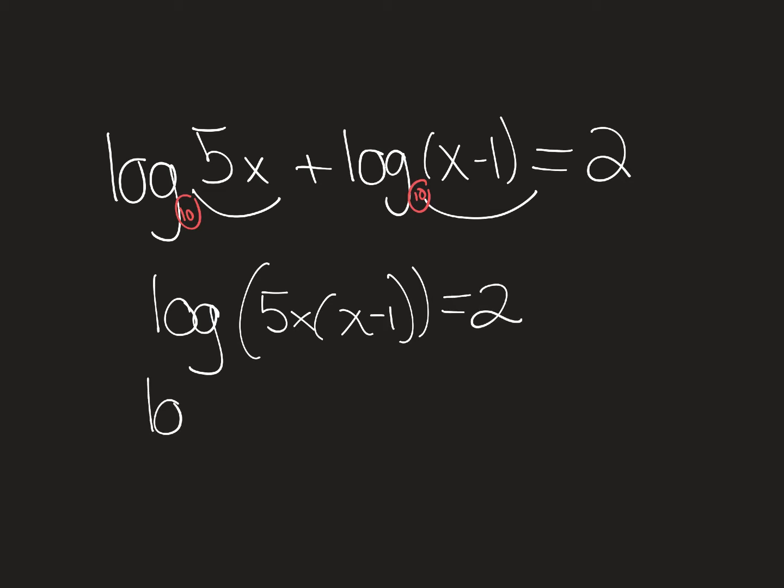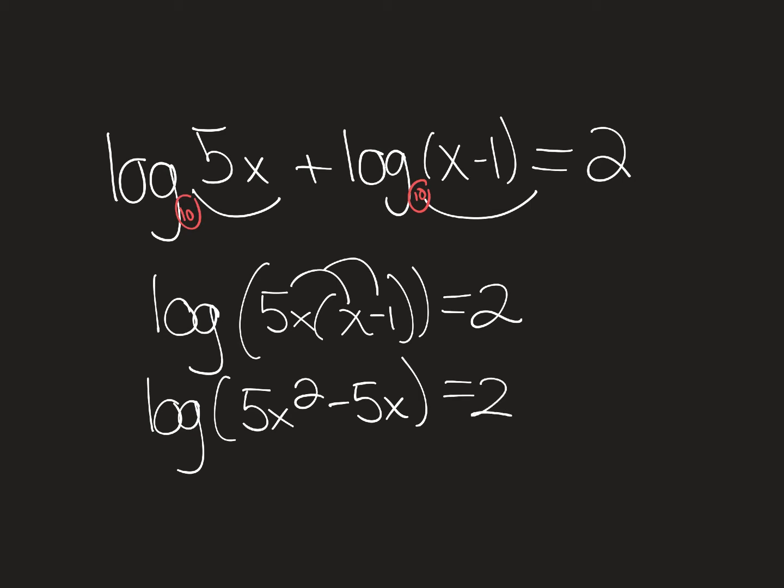So that's the same thing as log of 5x squared minus 5x. I distributed my 5x in, equals 2. Again, I have that hiding base 10 here. I've condensed down to 1 logarithm, so now I can convert and do my little swoosh like this.